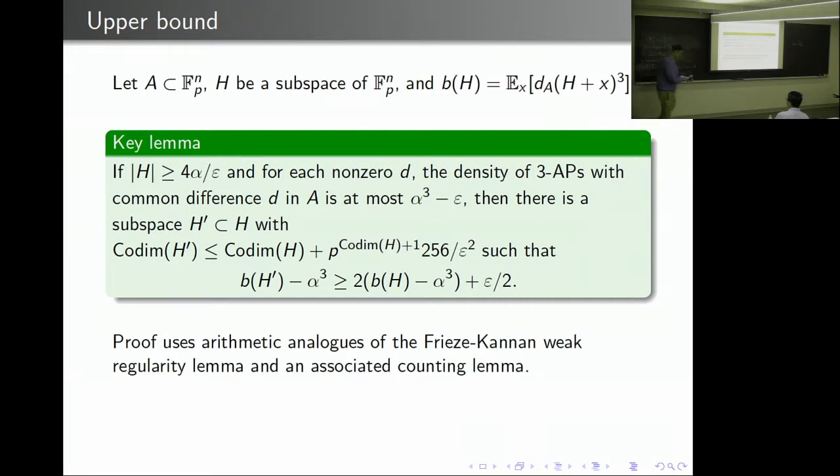And the proof of this is basically you look at f, you look at the large Fourier coefficients of f, and you pick H to be the subspace of all vectors which are orthogonal to all of these large Fourier coefficients. And then this follows pretty easily.